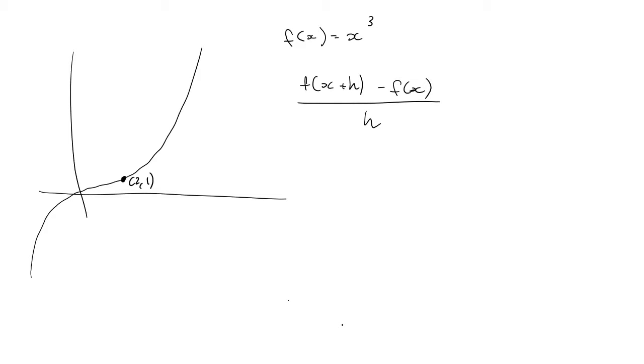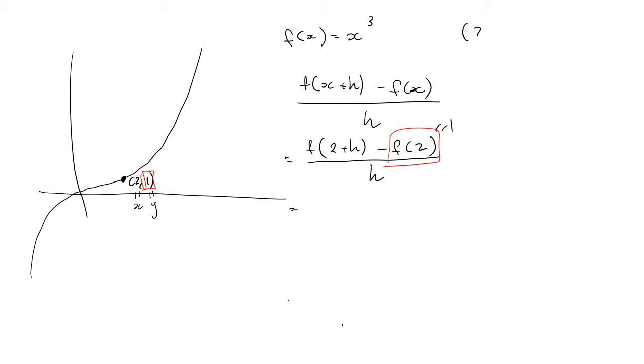In this case, 2 is our x and 1 is our y. Well, we don't need a y, but it doesn't matter. So we have f of 2 plus h minus f of 2 over h. Now f of 2 is 1, shown here. That's equal to 1. We just need to calculate f of 2 plus h.